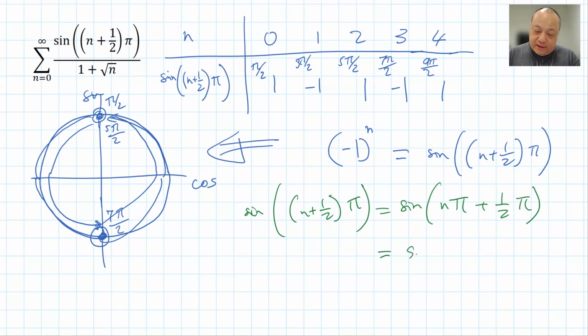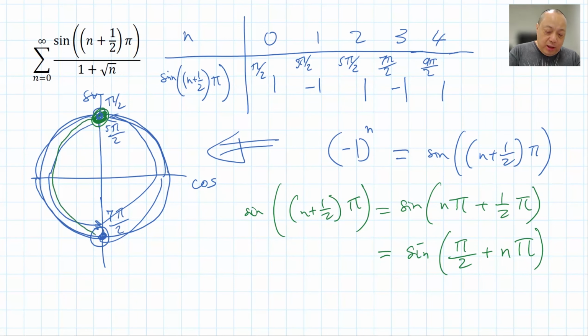And we tend to write it like this: sine of pi over 2 plus n pi. Now it's clear to me that that means I'm starting at pi over 2 here, and then I jump by steps of pi. Steps of pi mean I go 180 degrees, so I go opposite to the bottom point, and then I go opposite up to the top point and opposite to the bottom point.